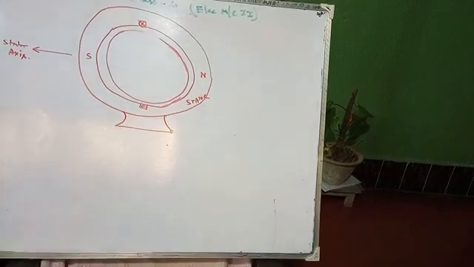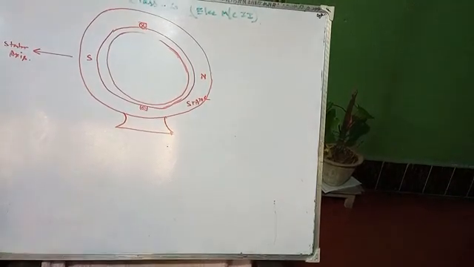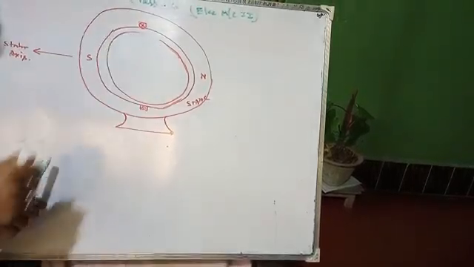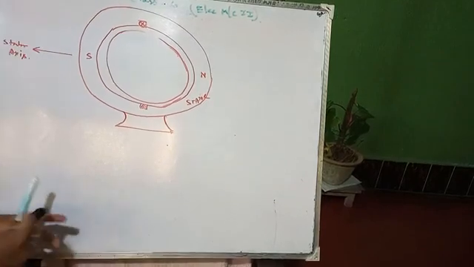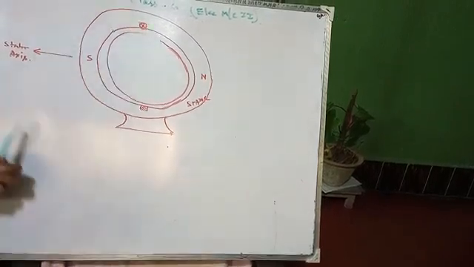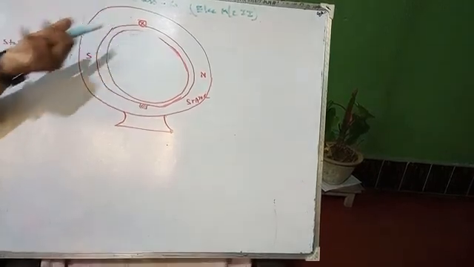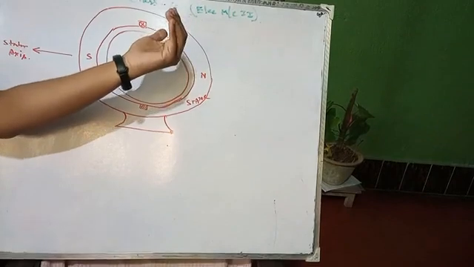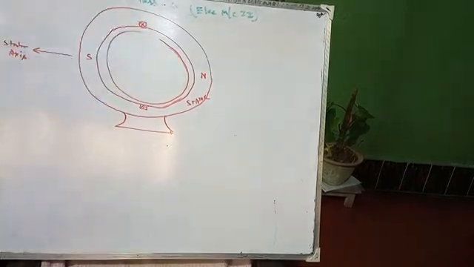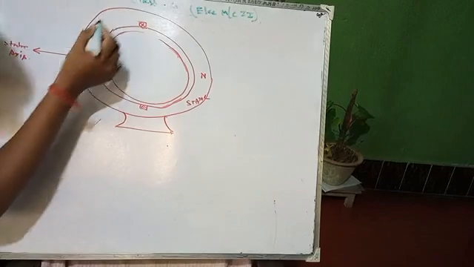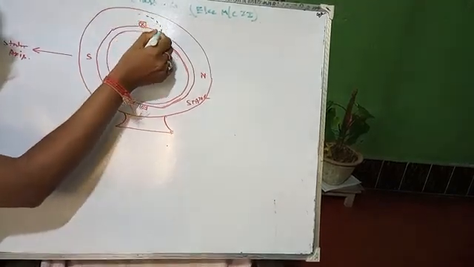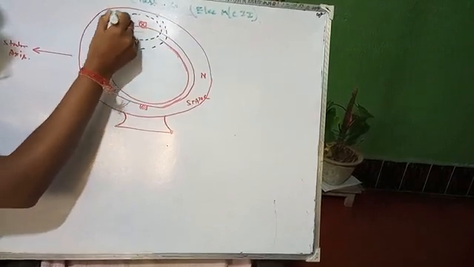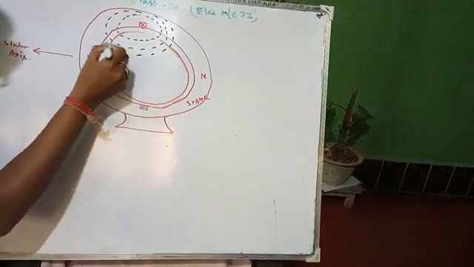And we know that cross means the current is entering. According to the left hand rule, if the current is entering, then the direction will be clockwise. Suppose this is the flux path.